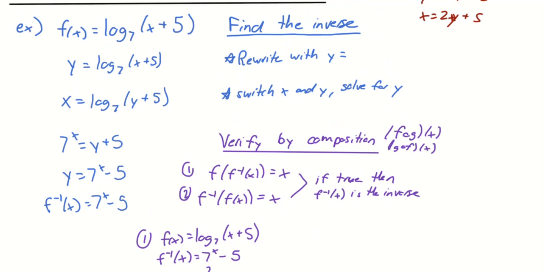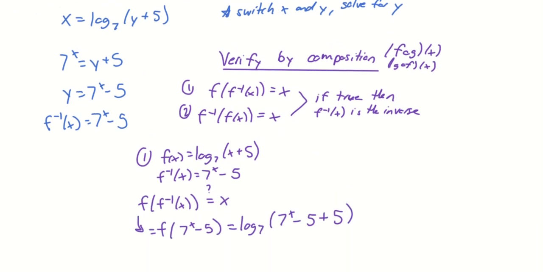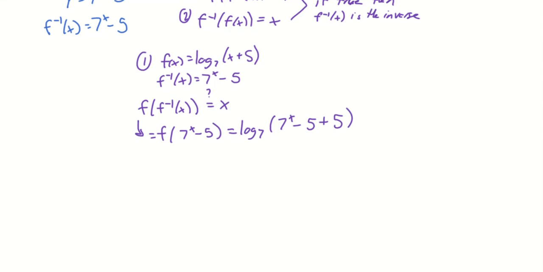So I'm just rewriting it so we had it down low because I had to scooch up. Anything we can simplify right now? Yep. That simplifies down to 7 to the x.